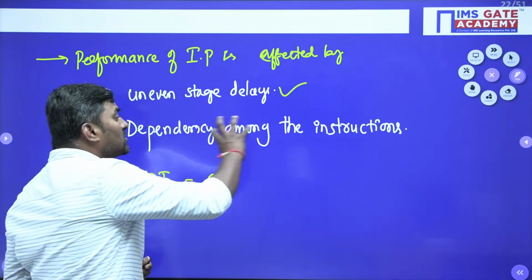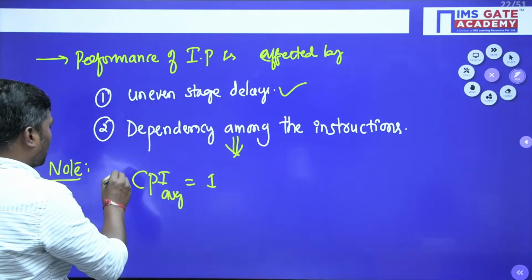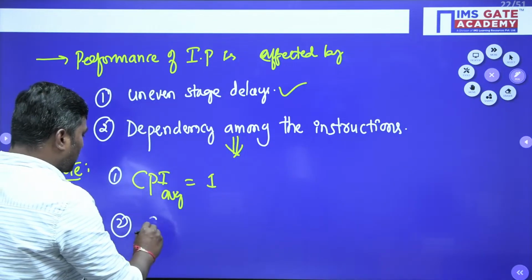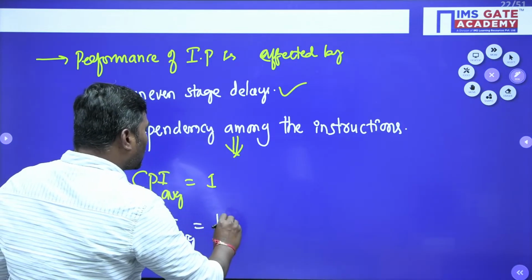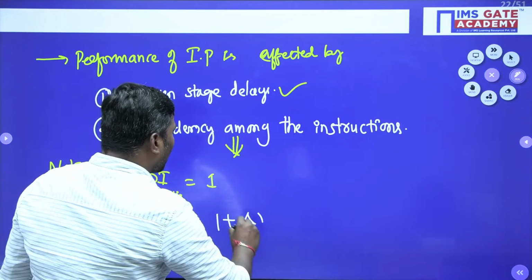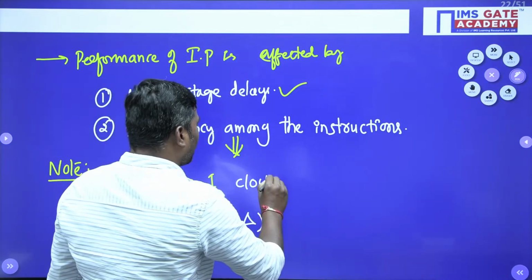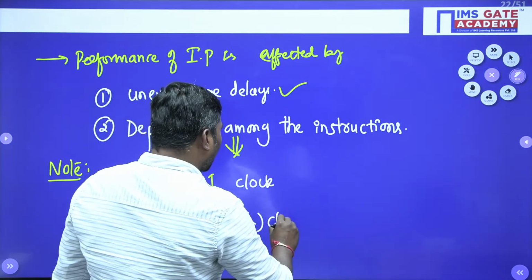Due to this dependency, the average clock per instruction will be more than 1. Some delta clocks happen. Generally it is 1 clock, but it can be more than 1 clock.